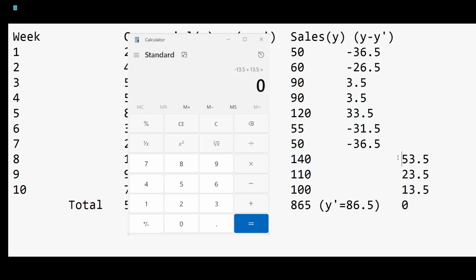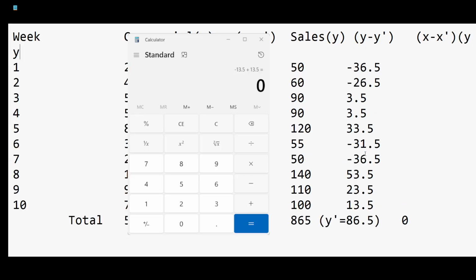So that is x minus x prime times y minus y prime.